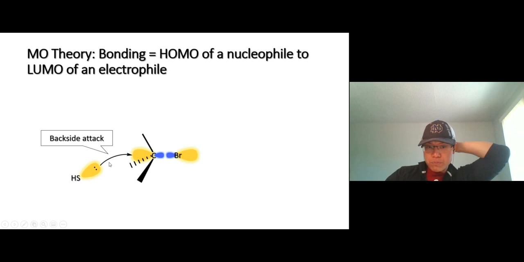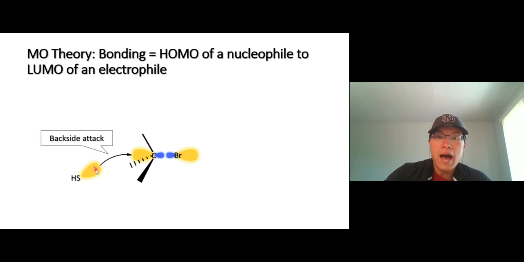So there's a HOMO of the nucleophile. Basically the most reactive lone pair in the molecule attacks the LUMO of the electrophile. This is the LUMO of the electrophile, looks like that. If you look at the color, I colored it differently. We have an up phase and a down phase, plus phase, minus phase, whatever they call it. You can see that this phase and this phase are different.